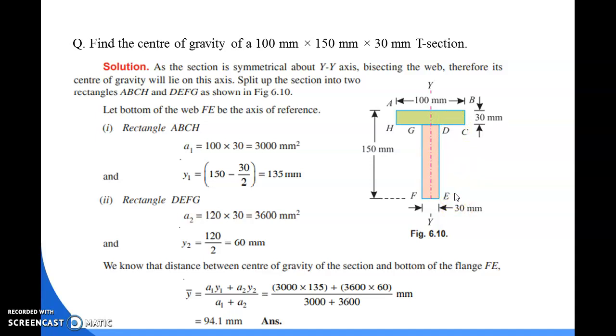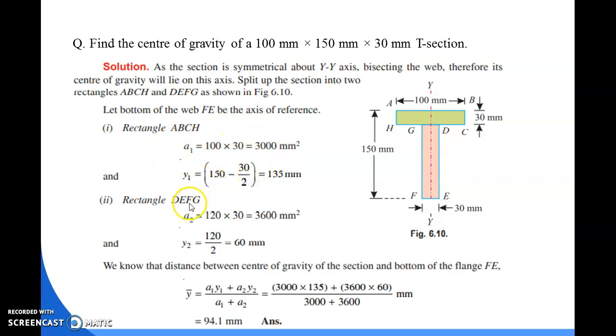So we can solve in this way, or we can also solve it because here the total height of the T section is given, that is 150. Hence, by deducting the CG of the rectangle of the first section from the 150, we can find out the y1 value. So 150 minus 30 by 2, that is the value of y1, which is equal to 135 mm. So this is all for the first section.